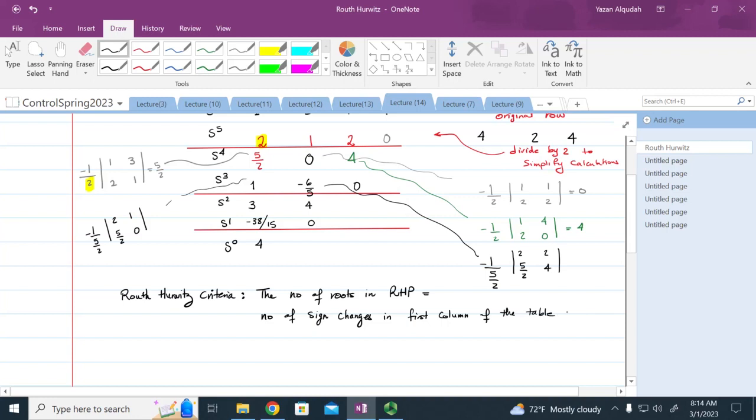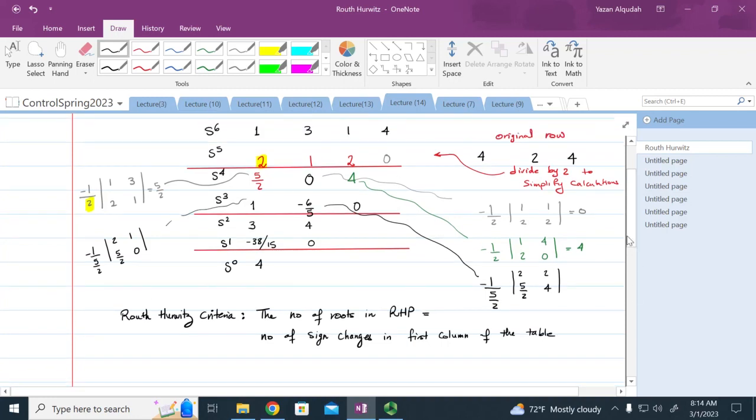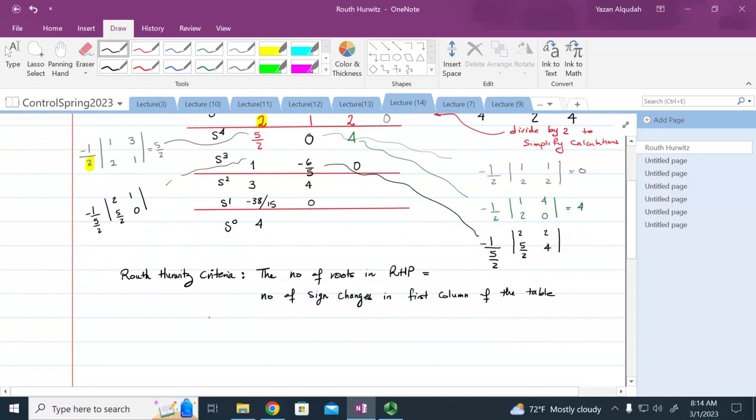What does that mean? If I look at this table, how many sign changes do I have in the first column? 2. We have a change from positive to negative, then from negative to positive. So therefore, we have 2 roots that are in the right half plane.